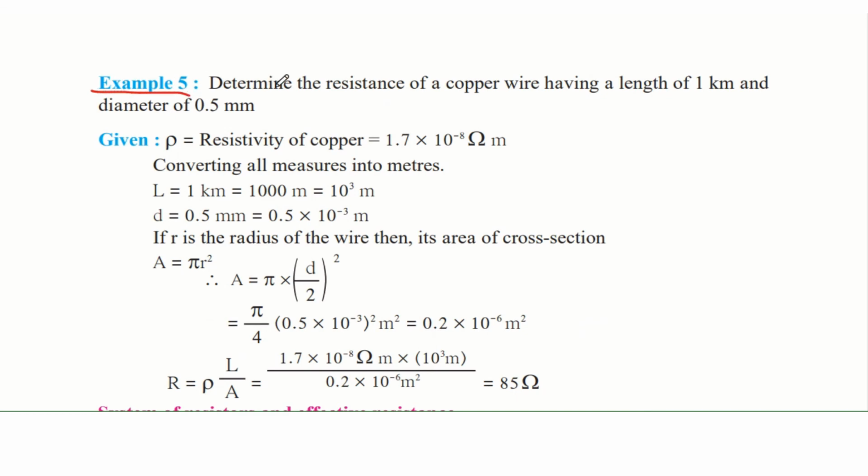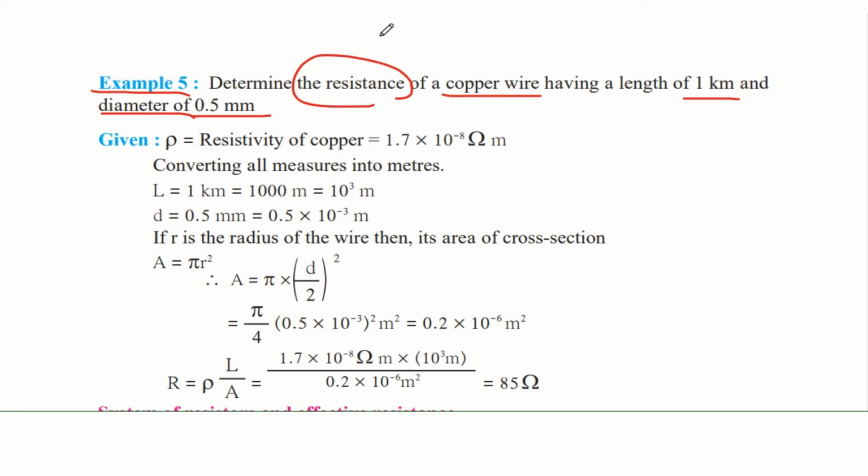Example 5. Determine the resistance of a copper wire having a length of 1 kilometer and a diameter of 0.5 millimeter. So they have given us that there is a copper wire which has a length of 1 kilometer and it has a diameter of 0.5 millimeter.